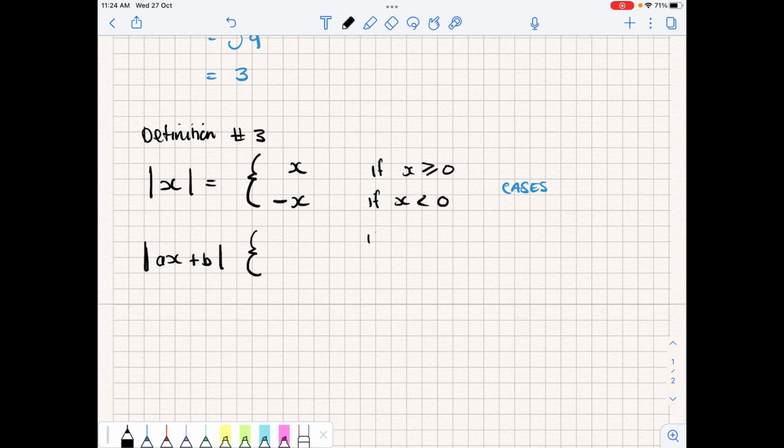And we could say, well, if ax plus b is greater than or equal to 0, well, then it's just ax plus b. And if ax plus b is less than 0, then it's the negative of whatever ax plus b is, which just becomes minus ax minus b.